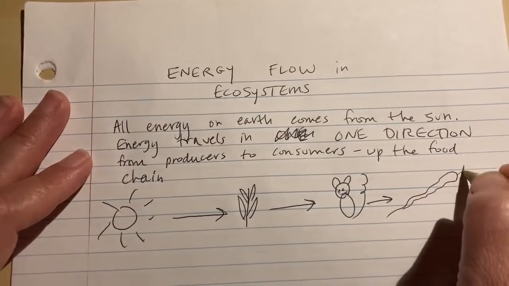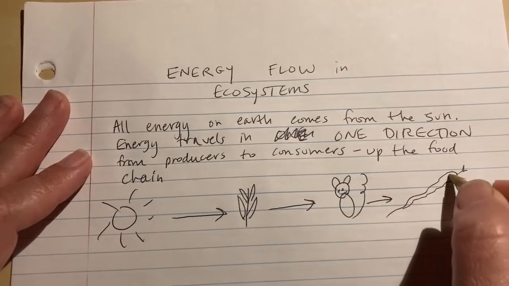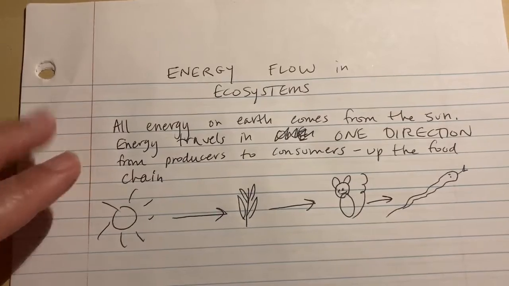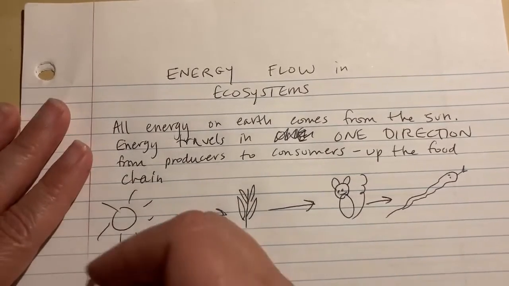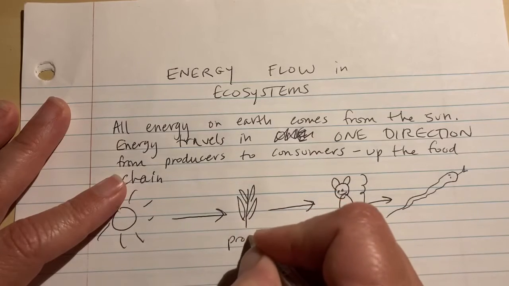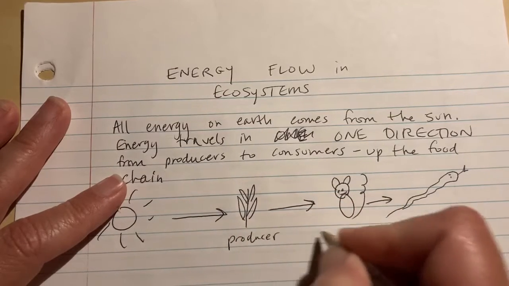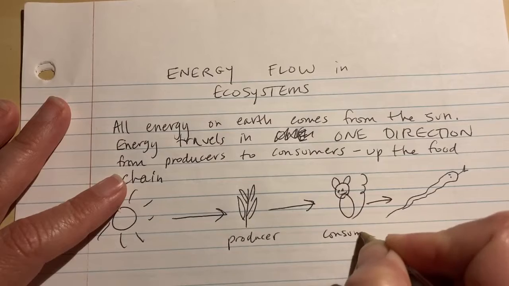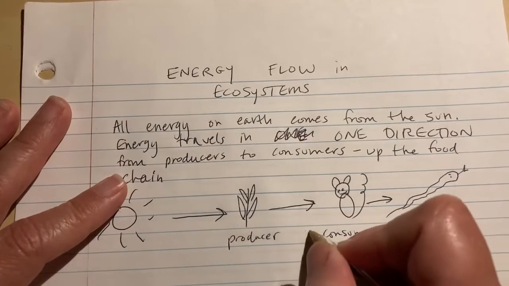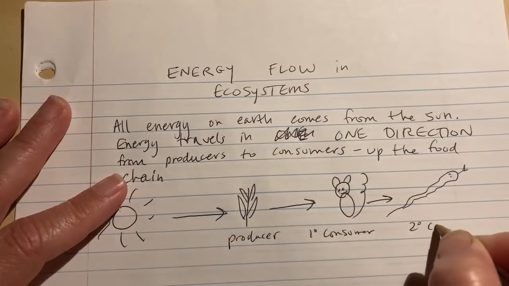You guys know this by now. And we'll just end it there, right? So the energy moves from the sun to the producer to the consumer and then up the food chain, right? So here's our primary consumer, our secondary consumer.